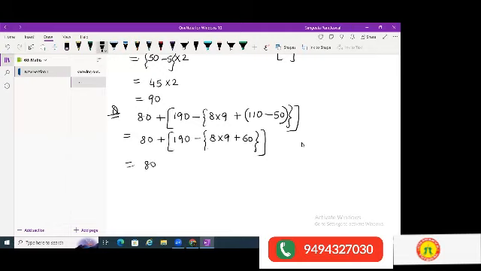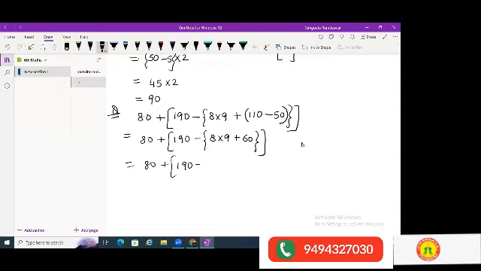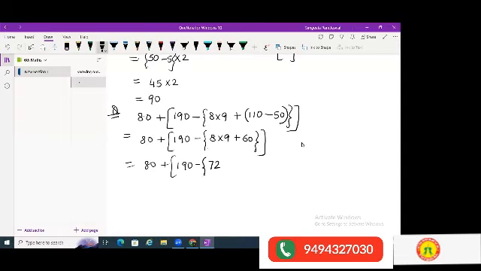So first we will again do the inside bracket part. Now we want to come out of this curly bracket. So what do we do? The BODMAS rule, what do we know? First is multiply, then we have addition. So we will multiply first. So 8 nines are 72, 72 plus 60.